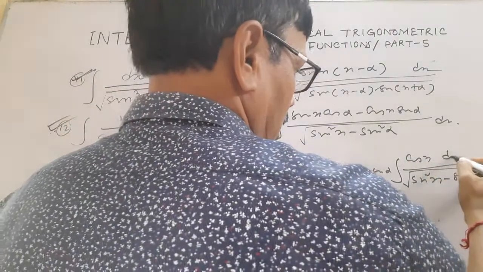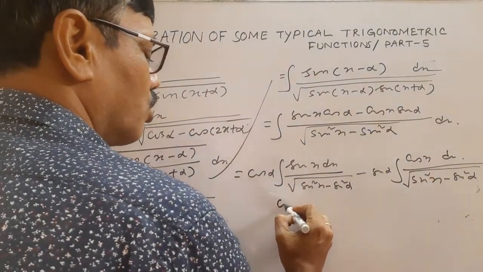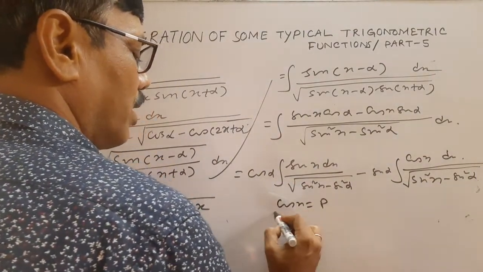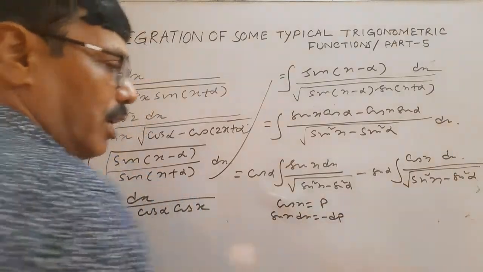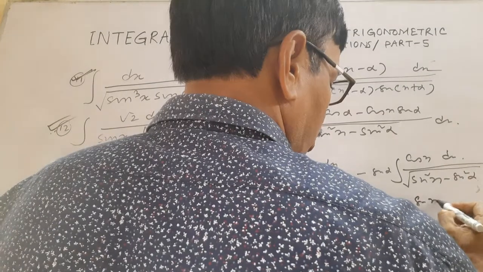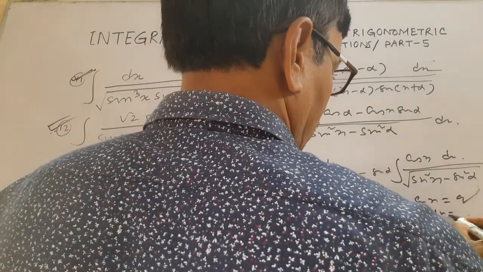Now whose derivative is sin x? Cos x. So put cos x equals p, so sin x dx equals minus dp. And sin x equals q, so cos x dx equals dq.